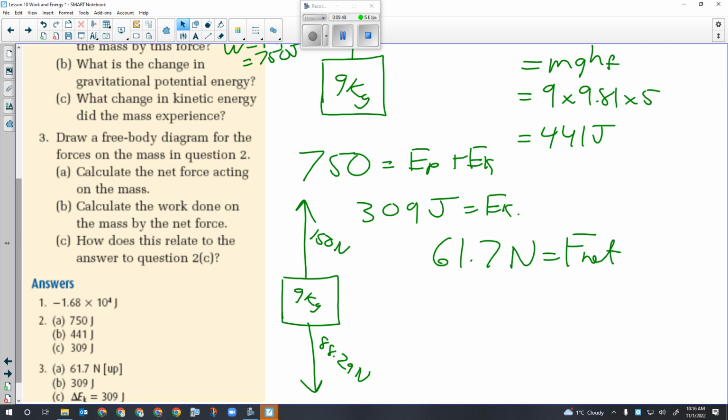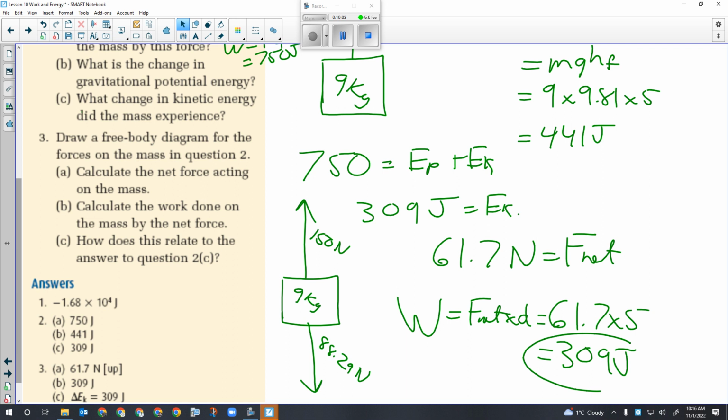Force times distance. So if work equals F net times d, that's going to be 61.7 times 5, which comes up to 309 joules.